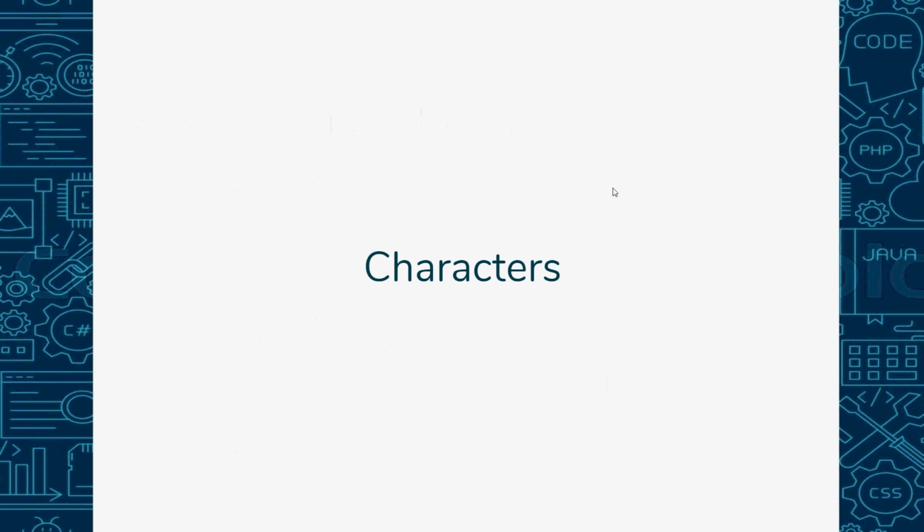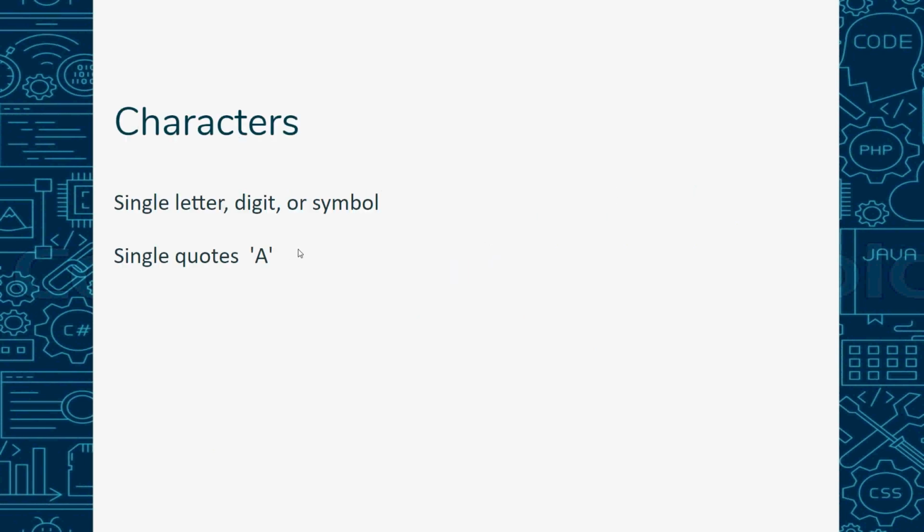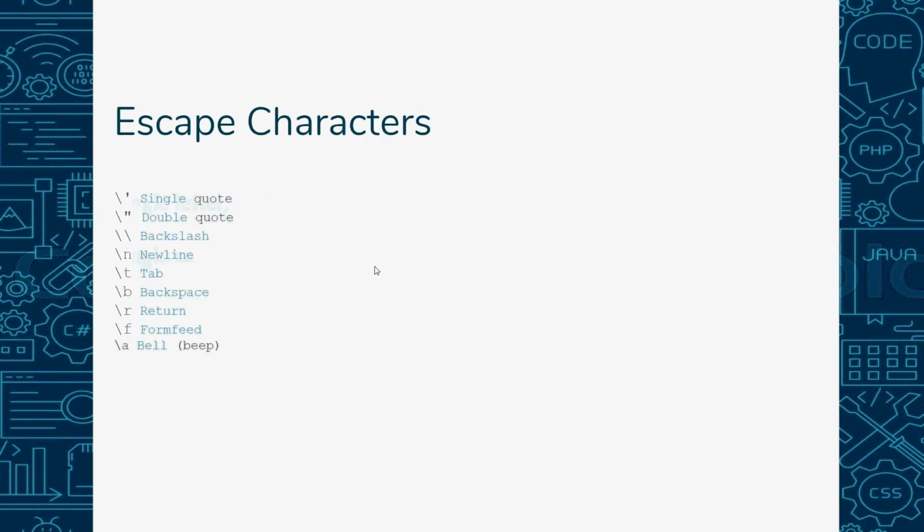Okay, another thing we're going to talk about is characters. In strings you have double quotes to represent your string. But with a single character, you use single quotes, and that just specifies, hey, this is a single character. A couple of escape sequences you have. We've already discussed \n, that does a new line.